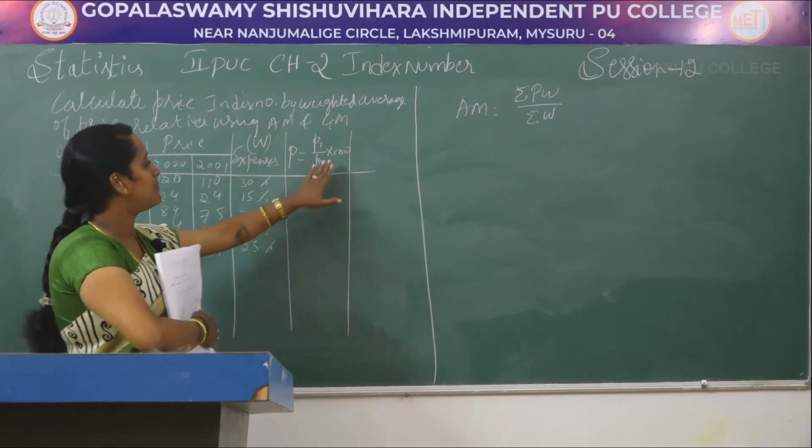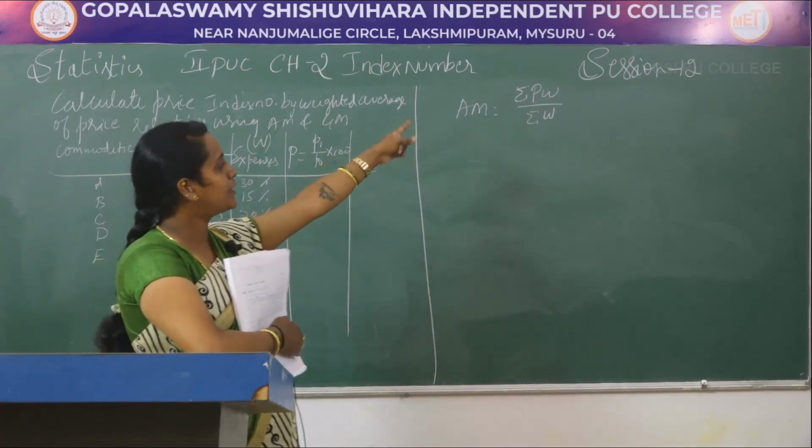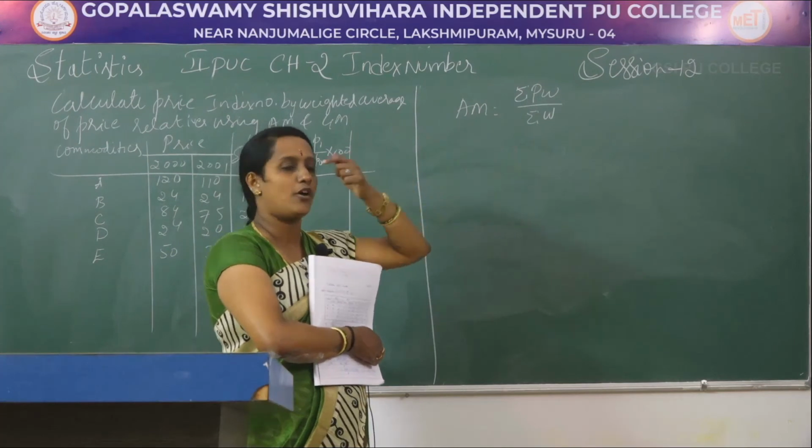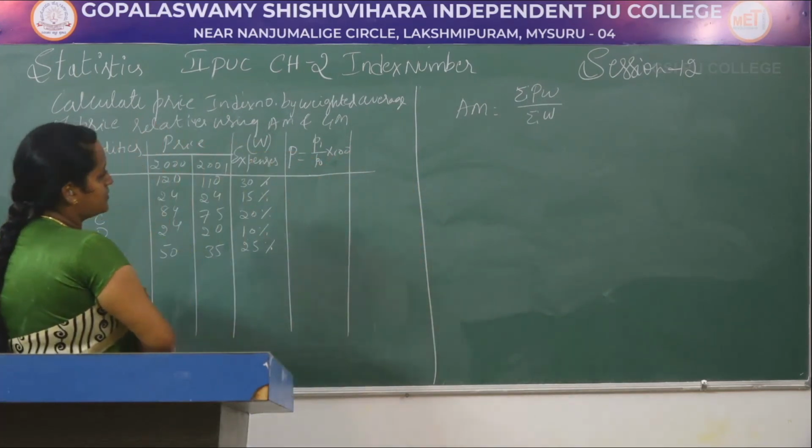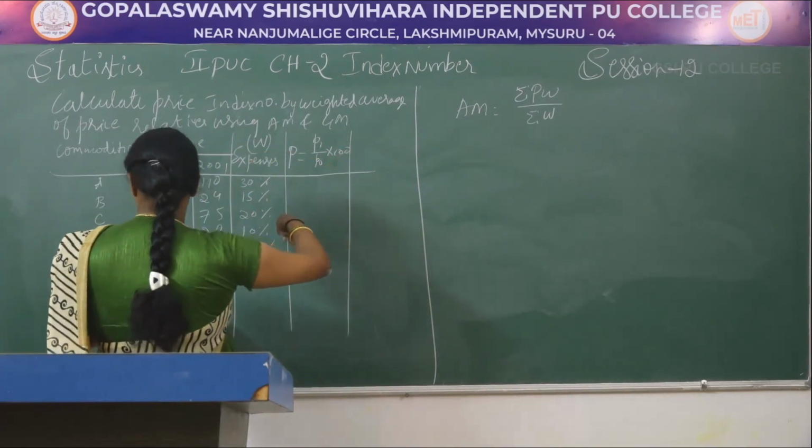Already we have multiplied here by 100, so no need to multiply 100 again in the AM formula.